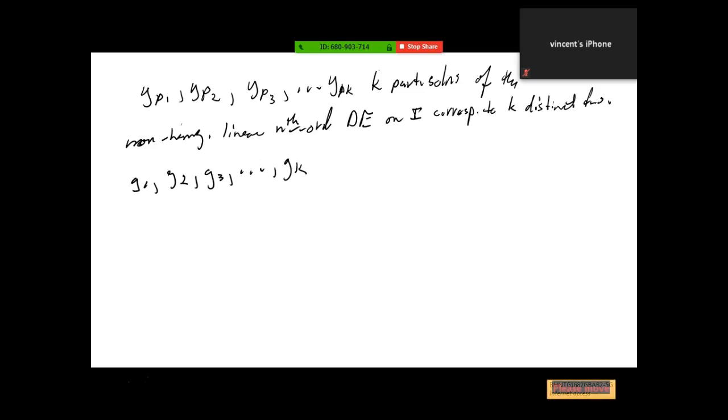So what they mean by that is Y sub P sub I denotes a particular solution for G sub I of x.